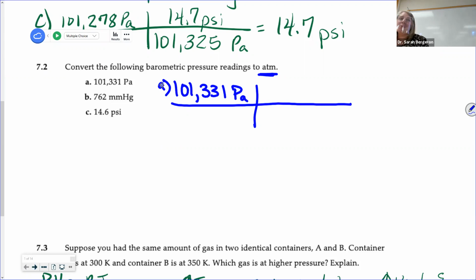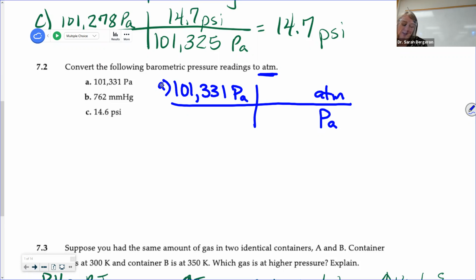This is just a simple conversion. Whatever's on top that you want to get rid of, put it on the bottom. And what do we want to get to? We want to get to ATM. So do we have a conversion that will link ATM and pascals? Yes, we do.